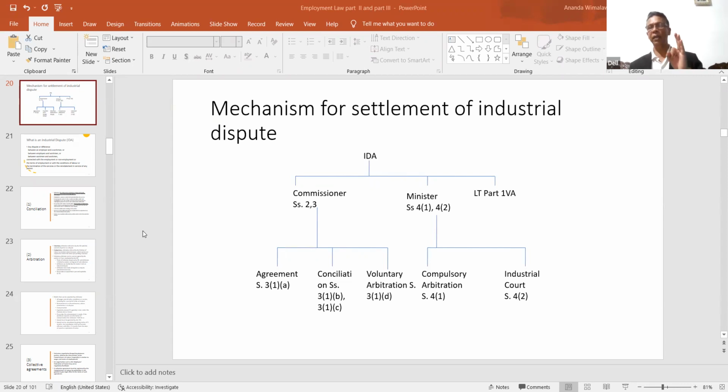You know, ladies and gentlemen, you have to understand this one very clearly, right? All the time, we are not appointing judges for the industrial court.